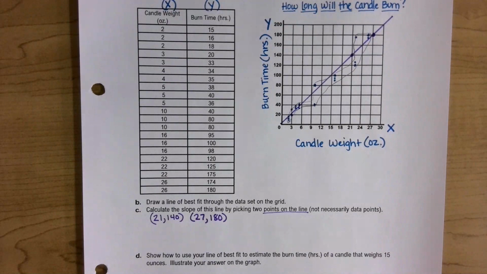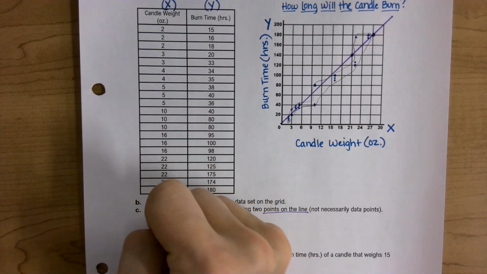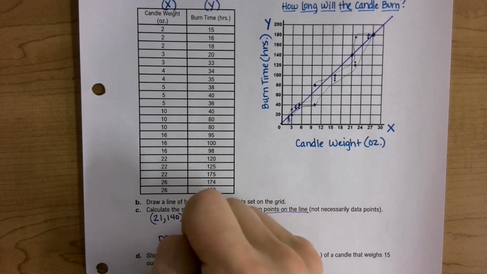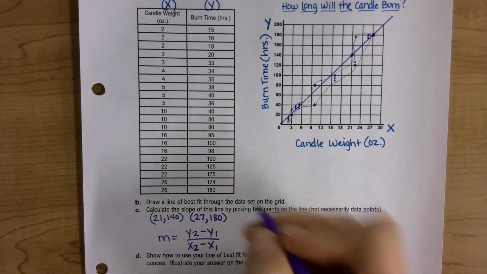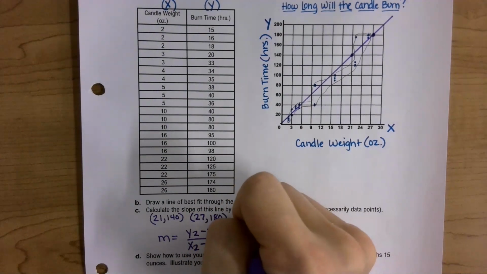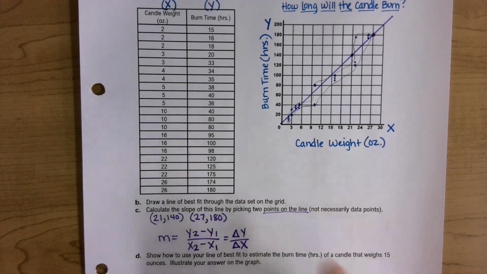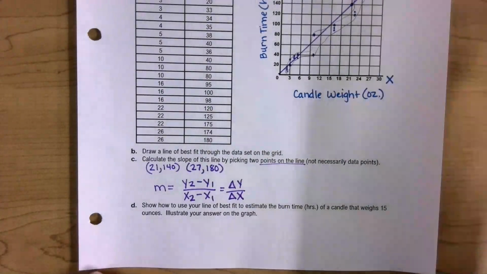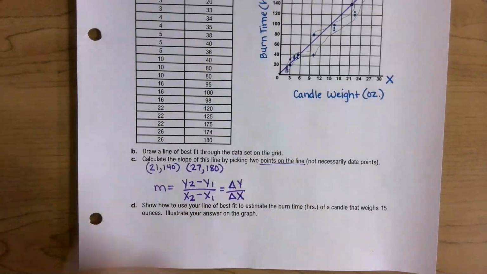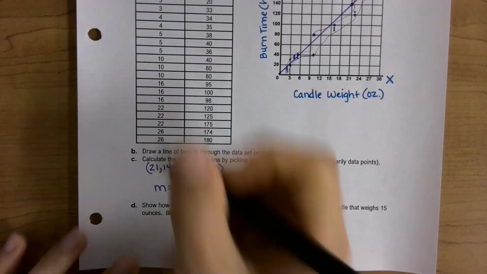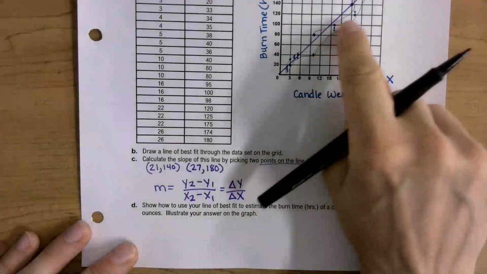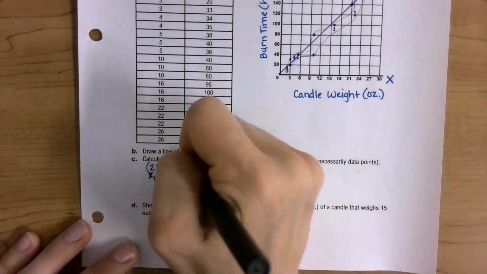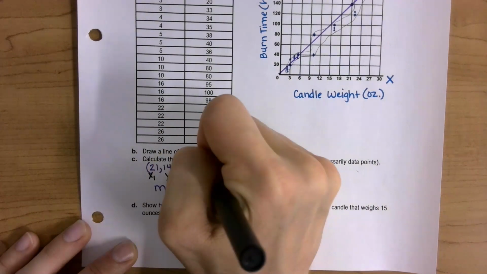And then to find slope between 2 points, m is our slope, and we do y2 minus y1, change in y, over x2 minus x1, change in x. Over delta y over delta x. Delta is the symbol for the change in. So then I'm going to fill in, so going back to this 21, your first point, your lower point would be your x1, y1, and then your point above that is your x2, y2.